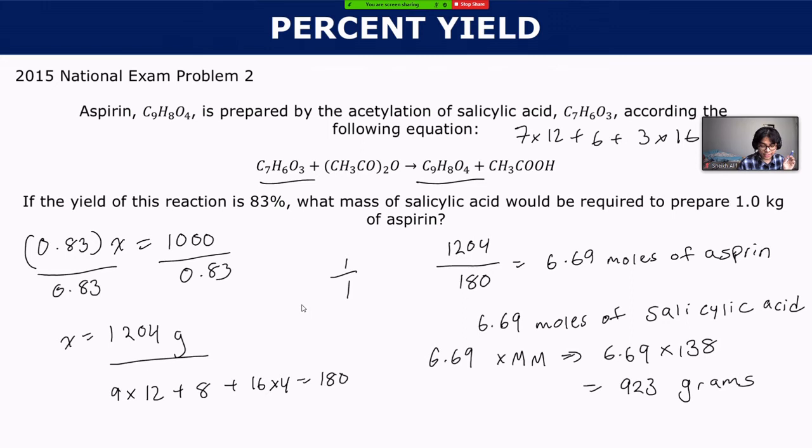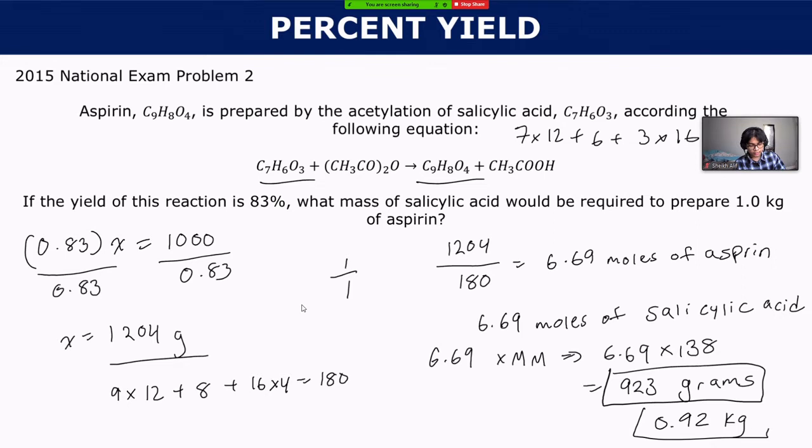So the mass of the salicylic acid required to prepare 1 kilogram of aspirin is 923 grams. And if you're wondering what the answer was on the actual test where you had multiple choice answers, it was 0.92 kilograms. So it took it in kilograms, but we just use grams.